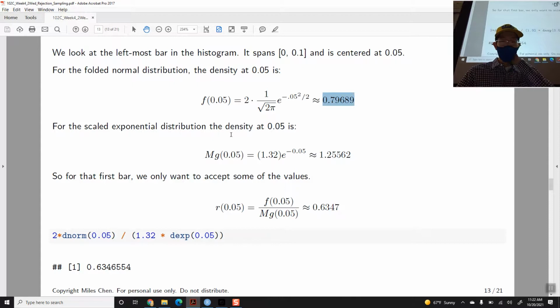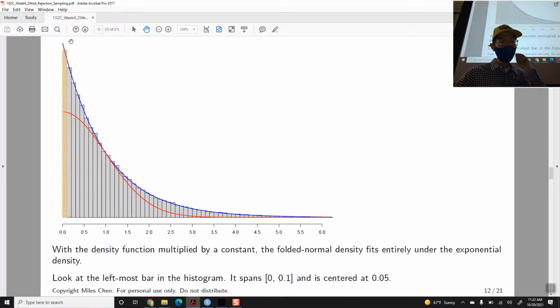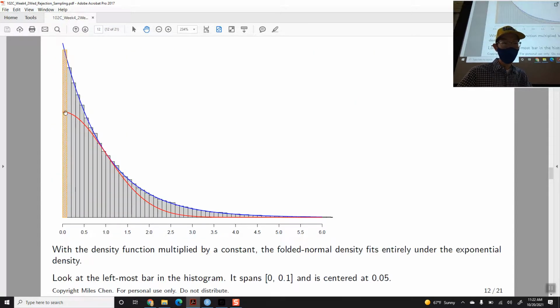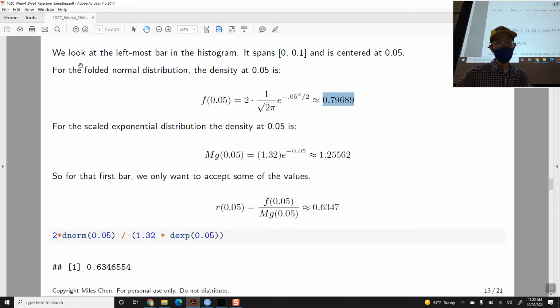And then when we look at the PDF of the exponential times m, so if we do m times the PDF of the exponential, I get 1.255. Right? So what's the ratio between f and m times the exponential? F at 0.05 divided by m times g at 0.05.